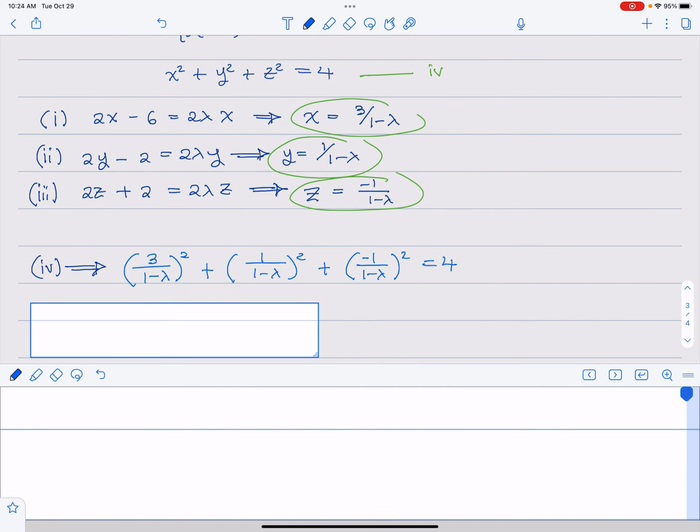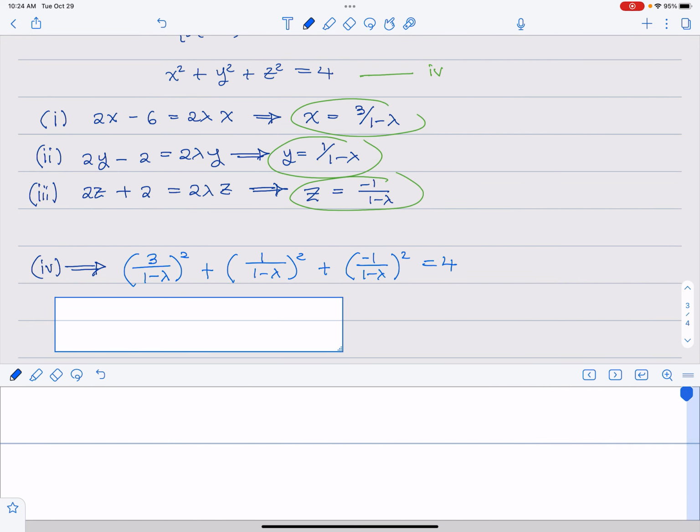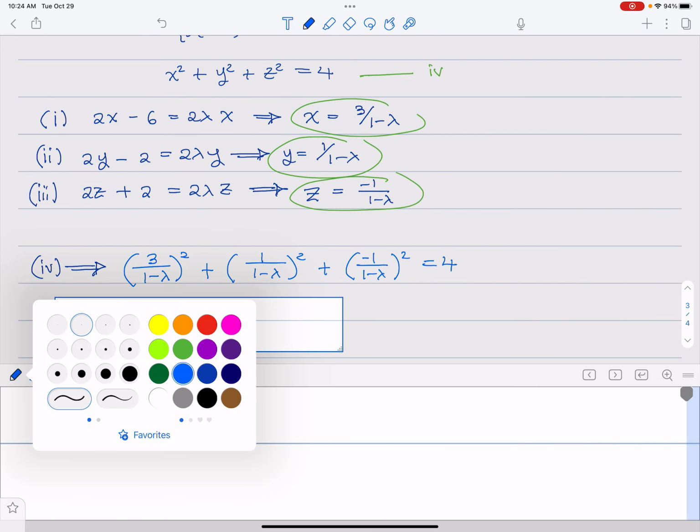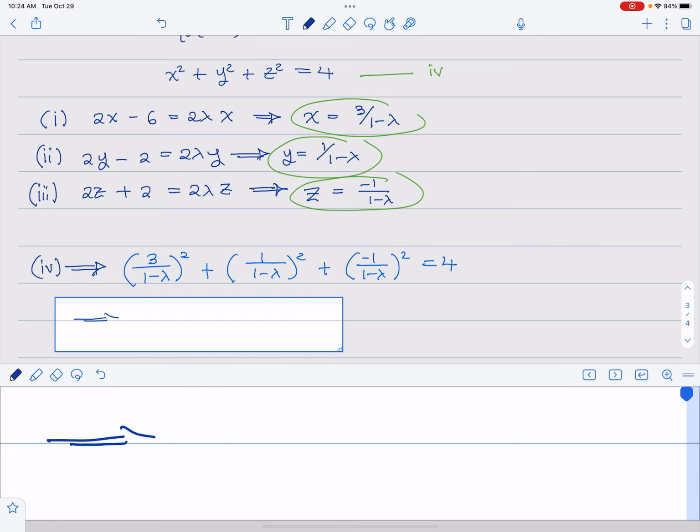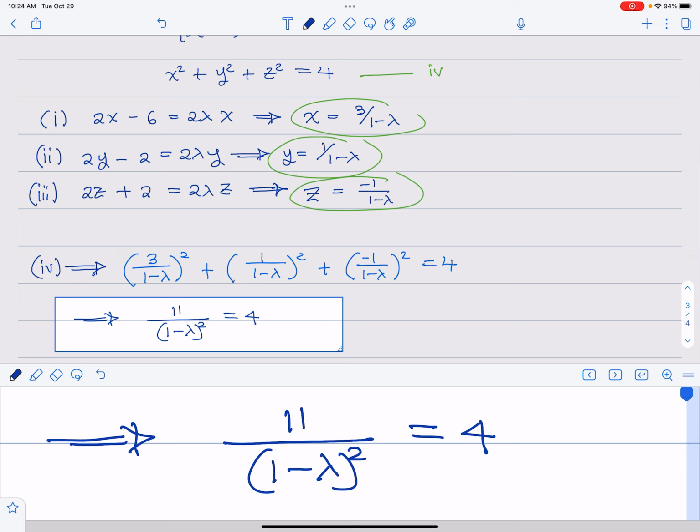I'll let you simplify this, but after simplification it's quite easy to see that you get 11 over 1 minus lambda squared is equal to 4.